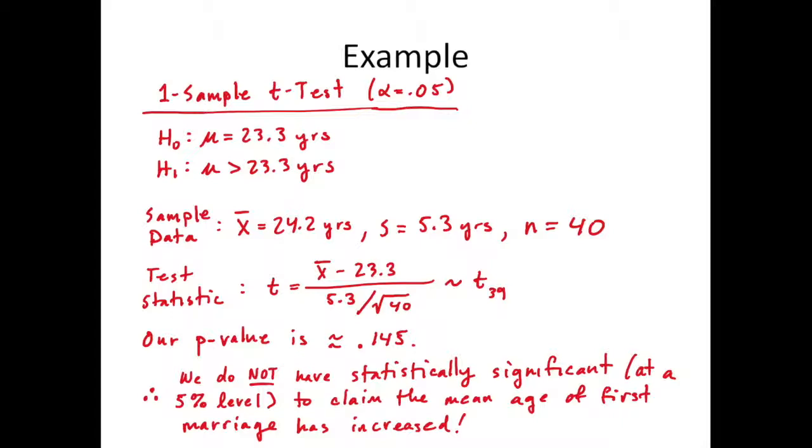Specifically about whether or not the population distribution of age of first marriage happens to be close to unimodal and symmetric. So we'll just assume that we've met any of the assumptions we can't prove, and therefore our test statistic in this case is going to be x bar minus 23.3 all over 5.3 divided by square root of 40. So what we know is that this test statistic, t, happens to follow a t-distribution with 39 degrees of freedom. It's always one less than the sample size.